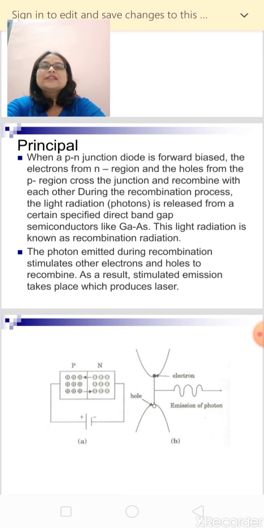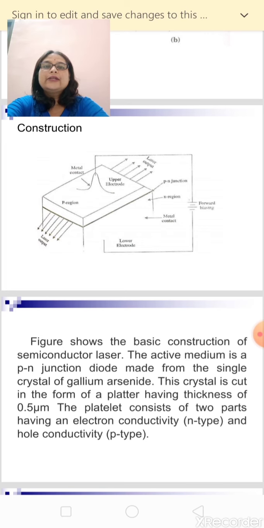Now this is a diagram. Then we turn to the construction of the semiconductor diode laser. This figure shows the basic construction. The active medium is a PN junction diode made from a single crystal of gallium arsenide.